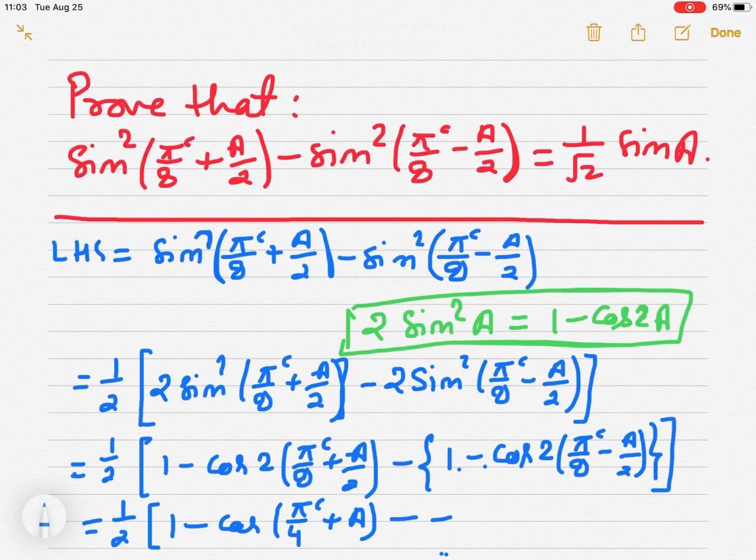Minus times minus is plus now. So here 1 plus cos, and then 2 times π/8 is π/4 radian, minus 2 times A/2 is only A. So we can enclose the bracket like this.